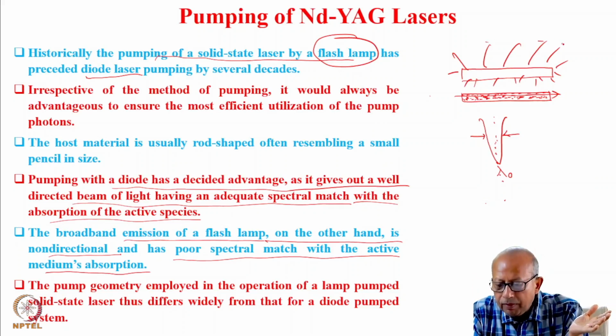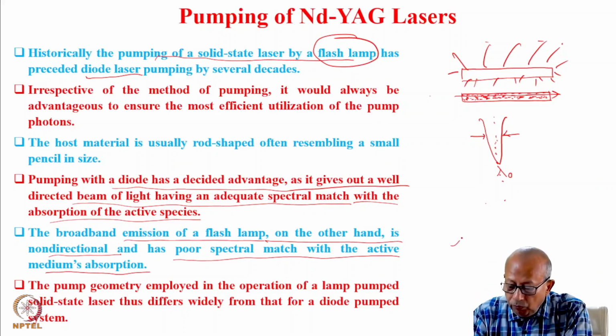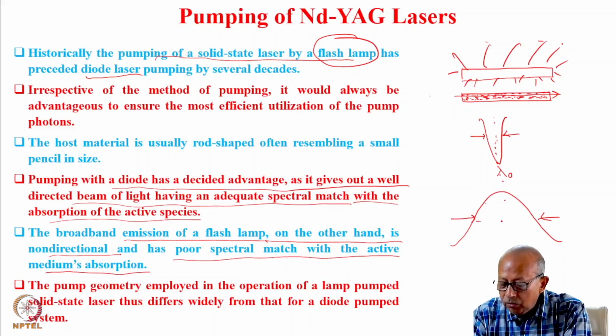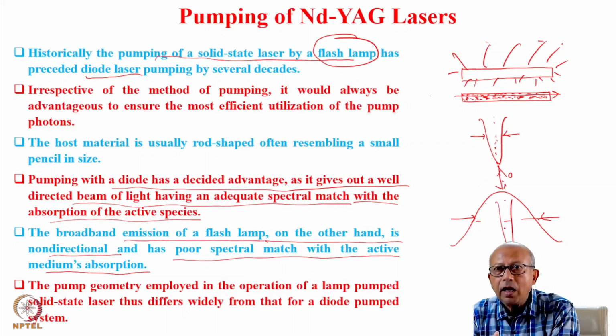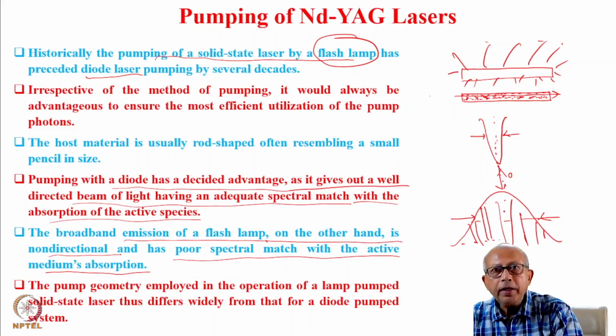But on top of that, the emission width of the flash lamp will be much wider, while the absorption feature falls quite inside it. So a lot of photons, those which are outside this absorption domain, would simply escape unabsorbed.